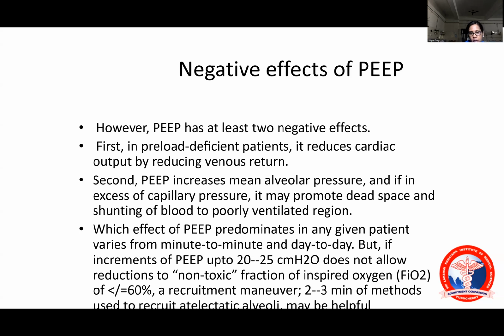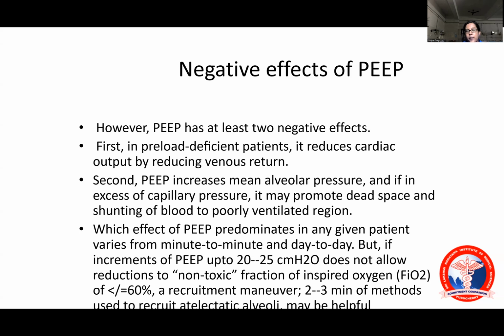So what are we more concerned about? With increments of PEEP, we can keep it up to 20 to 25 centimeters of water, and the FiO2 we can make less than 60%, but you can use it only for 2 to 3 minutes. That is called a recruitment maneuver.